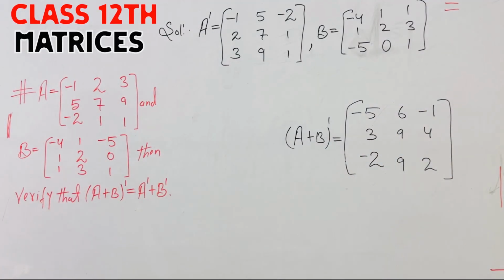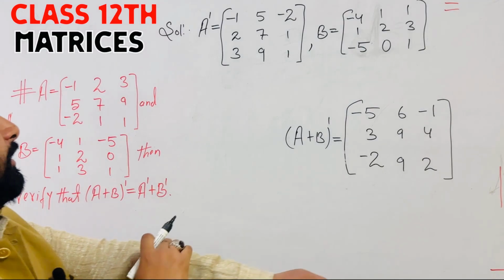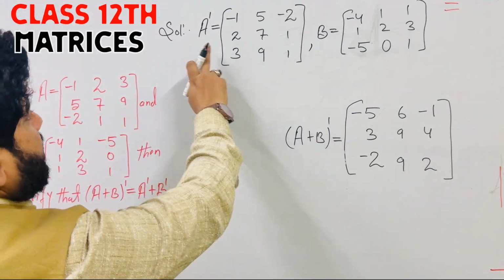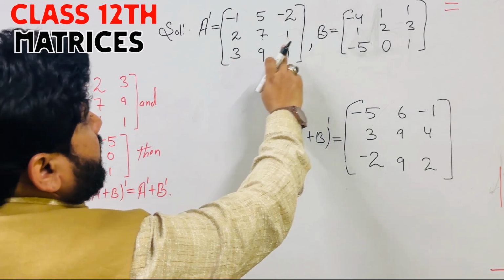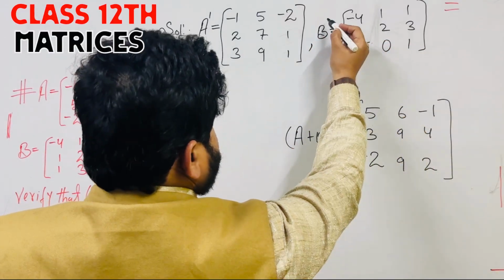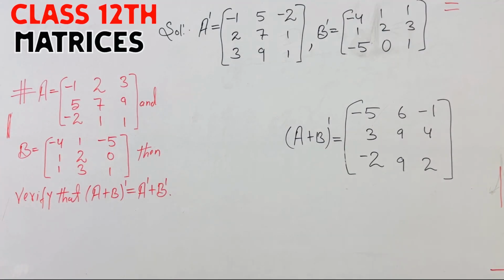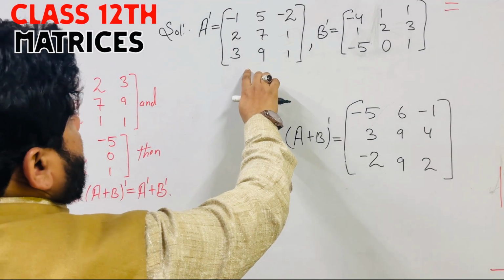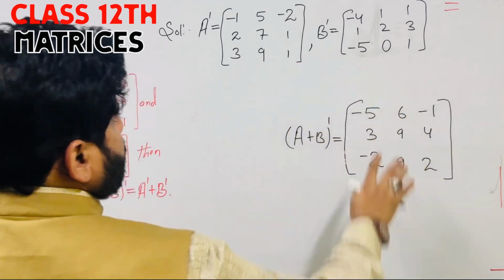You can see on the whiteboard, this is the transpose of matrix A, and this one is the transpose of matrix B, B dash. First of all we have to solve this question, then add both the matrices to each other.